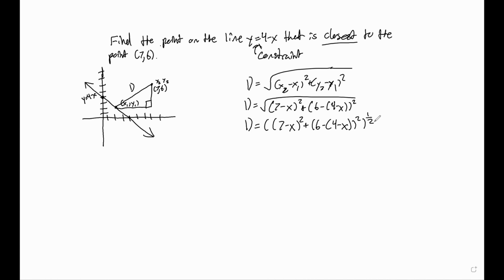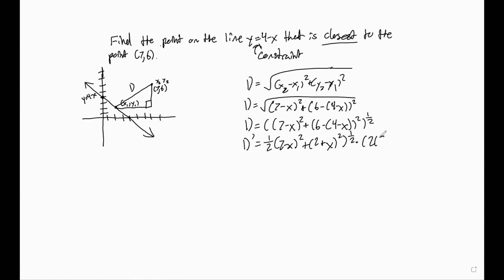All right, so now we have to differentiate this problem. And so we can first start by using the chain rule. So 1/2 of 7 minus x squared plus 2 plus x, because 6 minus 4 is 2, plus x squared raised to 1/2, and then times the derivative on the inside.